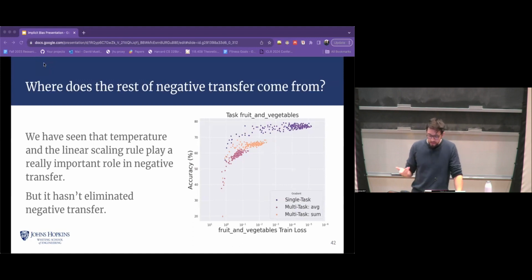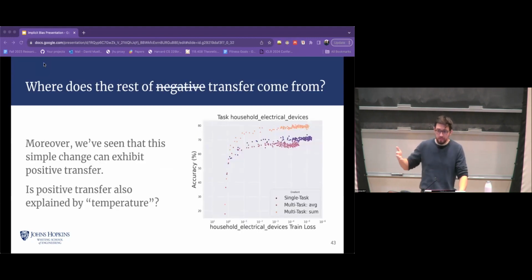And what we want to know is whether the remaining negative transfer that we see can be explained by the same factors that are eliminating the gap between averaging and summing gradients, right? So are we just not tuning our temperature enough? Could we do even more with respect to our hyperparameters, and then that would eliminate the negative transfer that we see? Or is it something else, right?